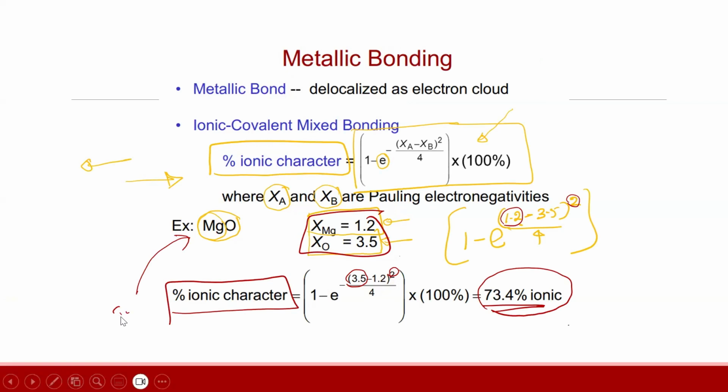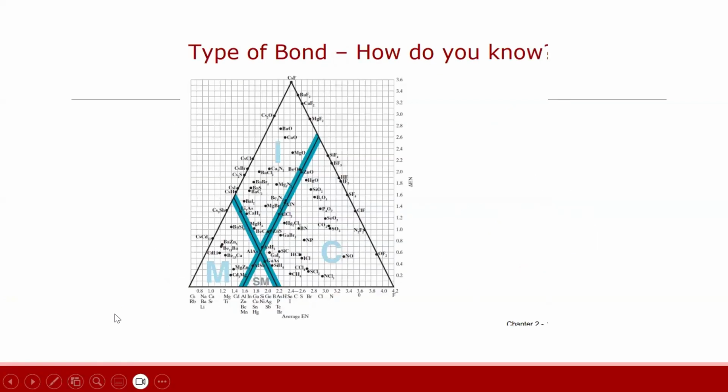But you can use this in industry or wherever you are working in future to find out, for example, whether NCl3 is covalent or not. You can look at this and find out what the dominant bonds are between those two elements.